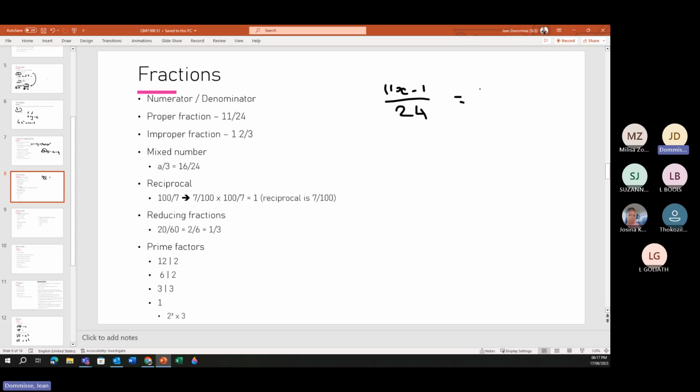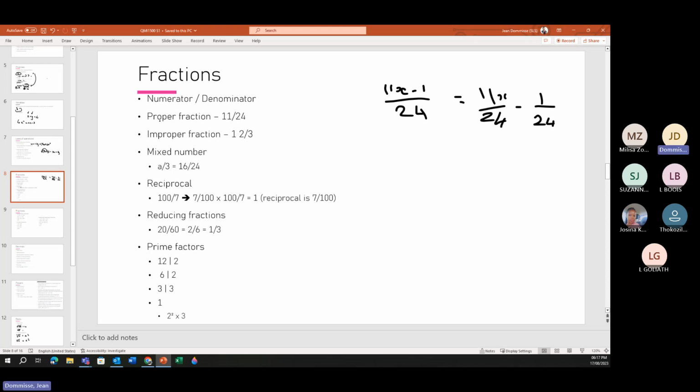That will then be something like 11x over 24 minus 1 over 24. Just things like that. Again, in theme 2 and 3, you will see a lot of it.